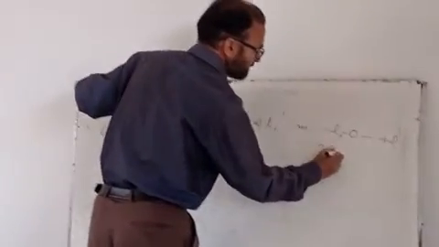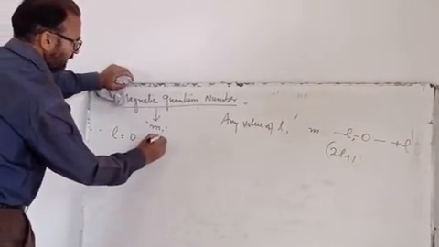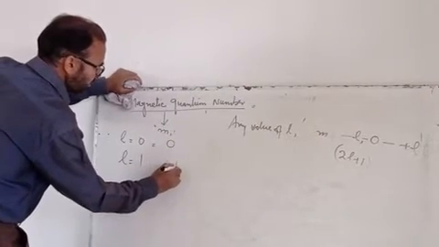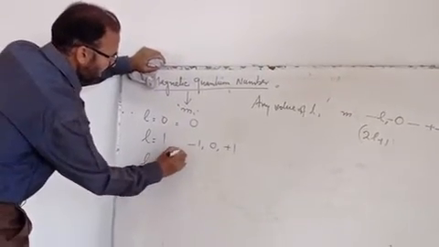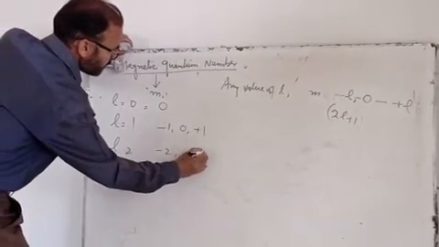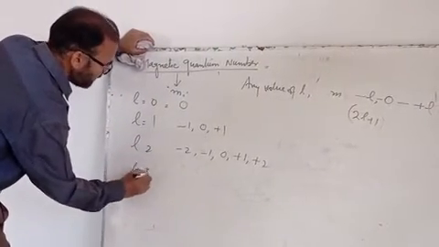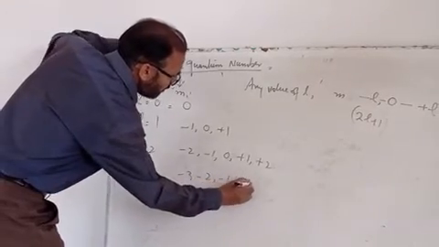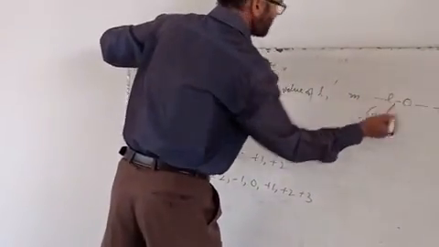The total number of values will be 2l plus 1. If l is equal to 0, m can have value 0. If l is equal to 1, m can have values minus 1, 0, plus 1. If l is equal to 2, m can have values minus 2, minus 1, 0, plus 1, plus 2. If l is equal to 3, m can have minus 3, minus 2, minus 1, 0, plus 1, plus 2, plus 3.